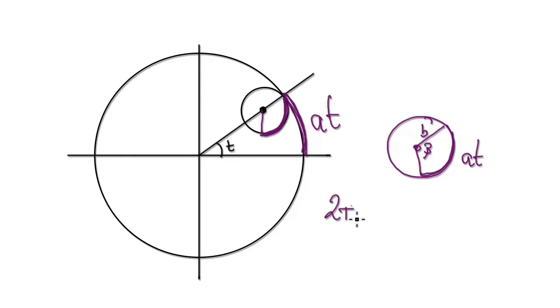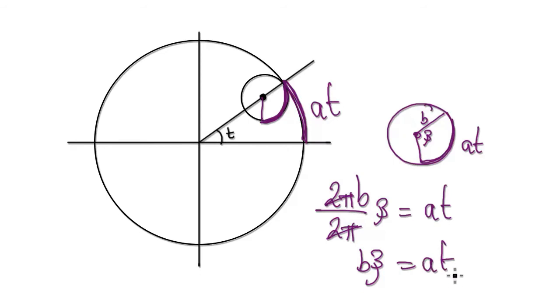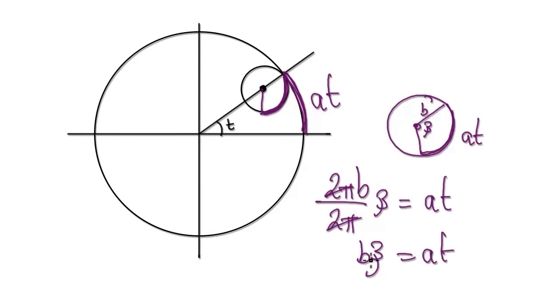That would be 2 pi b, cut up into 2 pi equal pieces, and then times beta. That should then give us the arc length. So these two will cancel each other out, giving you b times beta equals at. So divide both sides by b. So beta, the angle, is given by at over b.